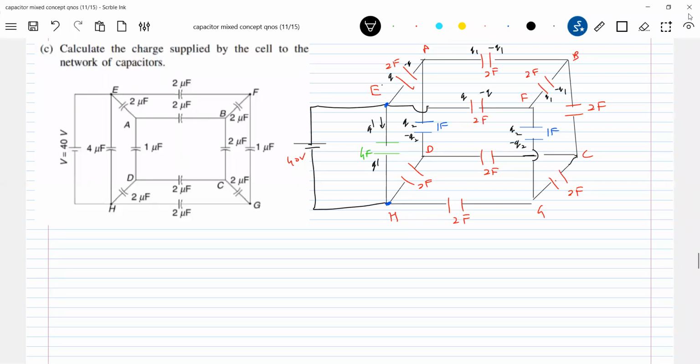This Q1 will combine. Here I'll get 2Q1. So 2Q1 will come here.